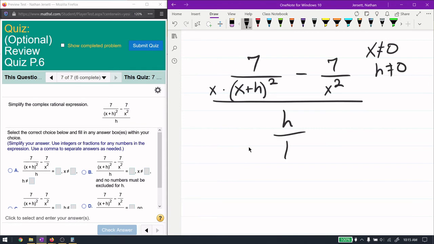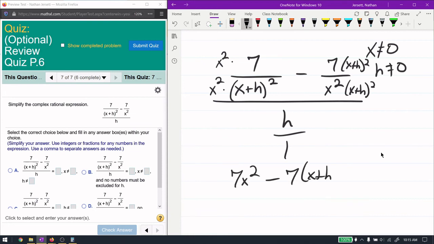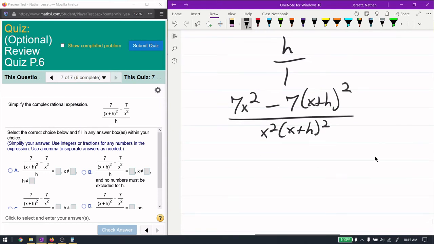On top here, we can multiply the first thing by x squared and the second thing by x plus h squared. That gives us this, and this is just h over 1.